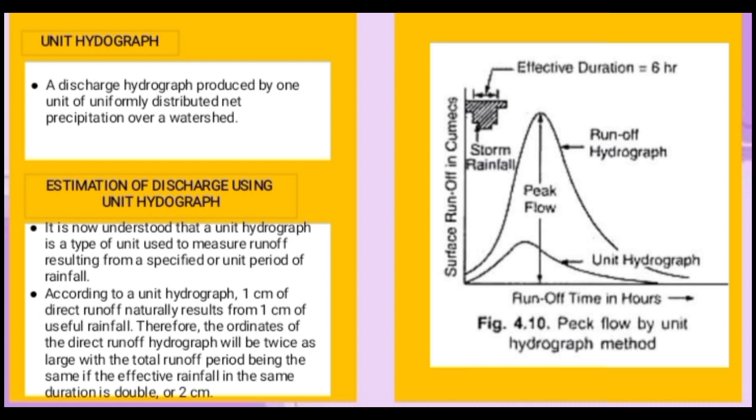According to the unit hydrograph, 1 centimeter of direct runoff naturally results from 1 centimeter of useful rainfall. Therefore, the ordinates of the direct runoff hydrograph will be twice as large, with the total runoff period being the same, if the effective rainfall in the same duration is double, or 2 centimeters, just like shown in figure 4.10.